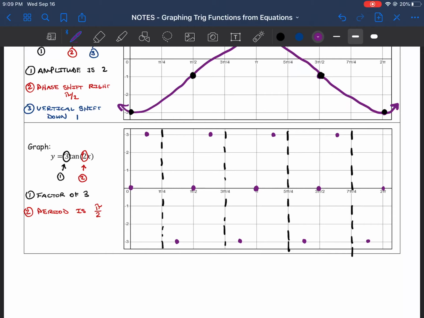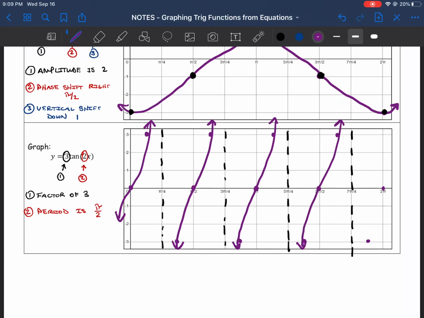And now let's go ahead and make our little tangent curves. So we'd have something like that. And again, I'm not looking for super accurate curves. I want to see them rounded. I want to see some of the important points. And that's really what matters to me. Okay.